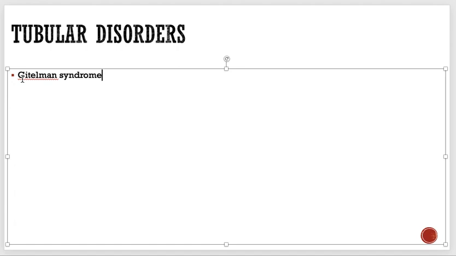In Fanconi syndrome, the kidneys cannot absorb the nutrients that are normally absorbed in the first part of the tubule, the proximal convoluted tubule: the amino acids, glucose, and all these things. There is inadequate reabsorption.